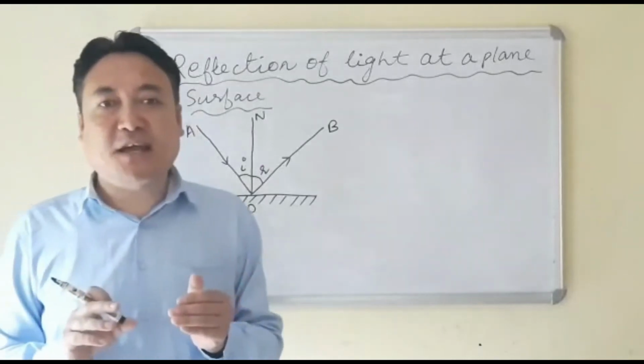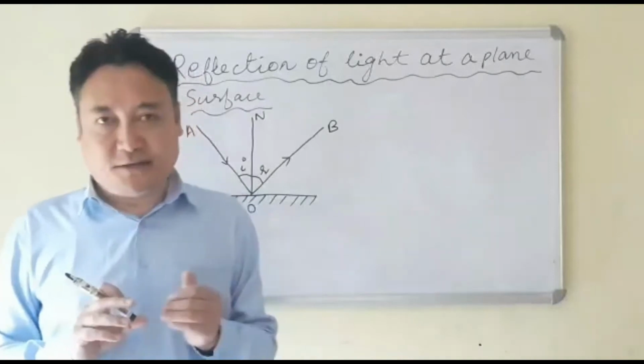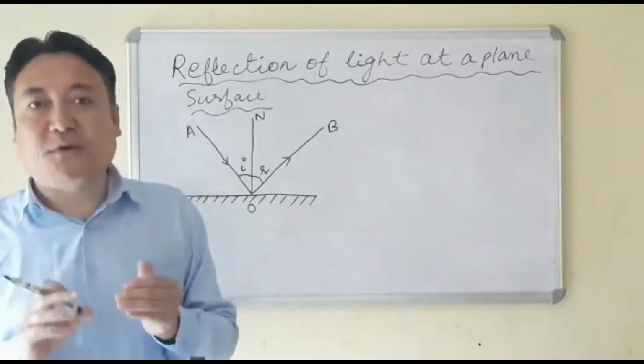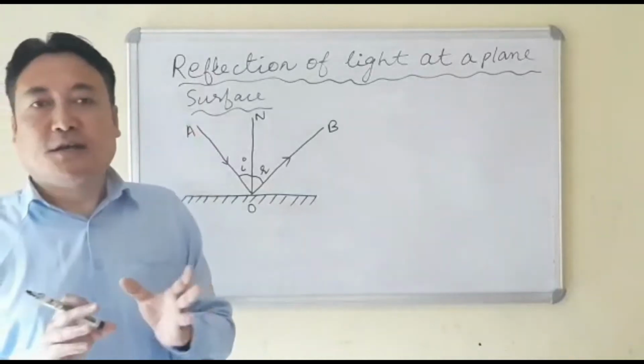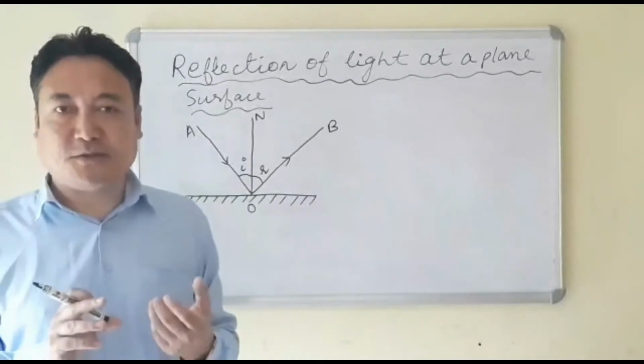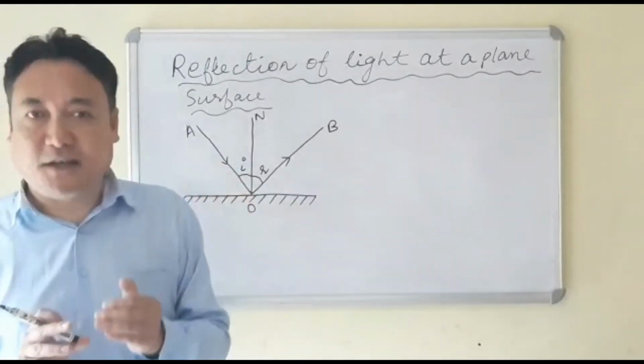Refraction of light means the change in the path of the ray of light. When the ray of light changes its path, we call it refraction. Though this refraction is not part of this chapter, you should have an idea about it also.